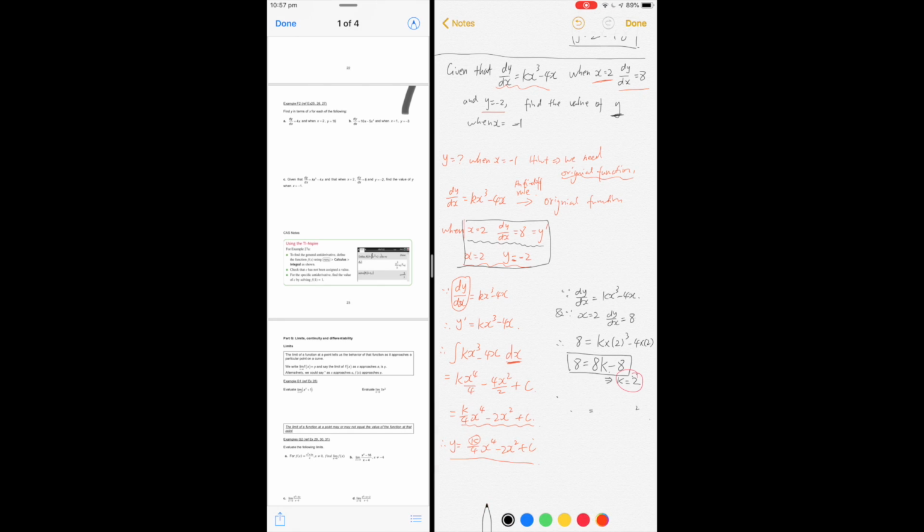So y is equal to 2 over 4, because that's k, x to the power 4 minus 2x squared plus c. Simplifying, y equals half of x to the power 4 minus 2x squared plus c.